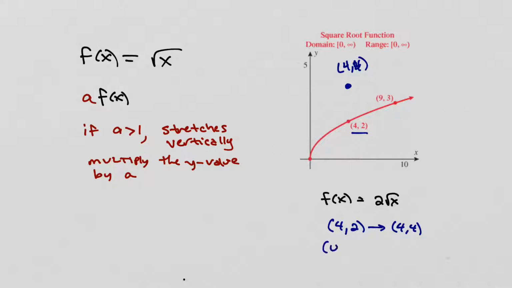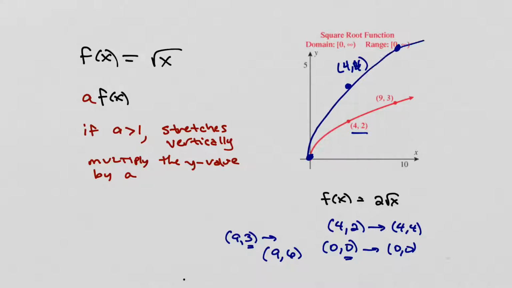Of course, the point 0,0, if you multiply that y value by 2, you're still going to get 0,0. So I've still got this particular point sitting there as well. Right? The point 9,3, if I multiply that y value by 2, it'll jump up to 9,6. So that 9,3 is going to jump up to here someplace. So this square root function is now going to have this particular shape to it.